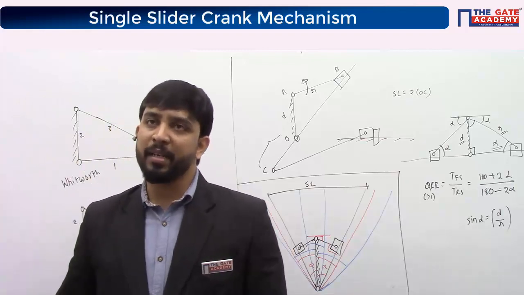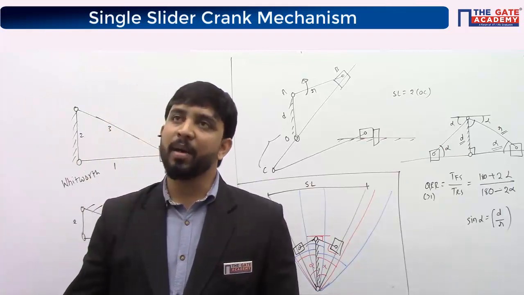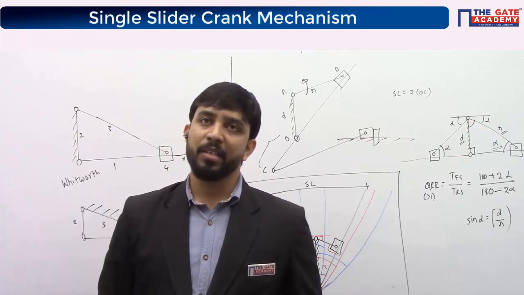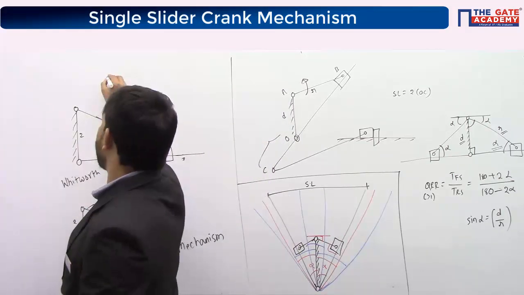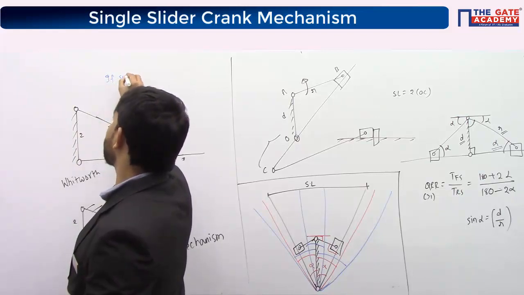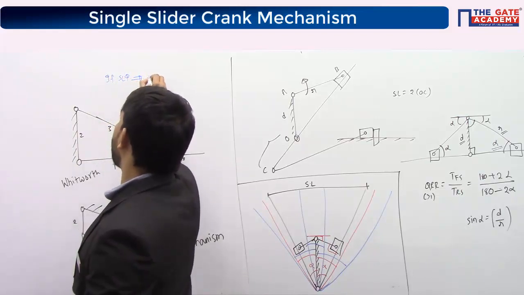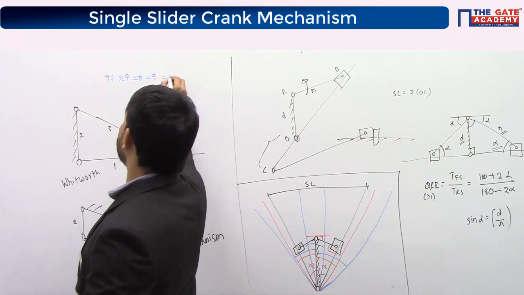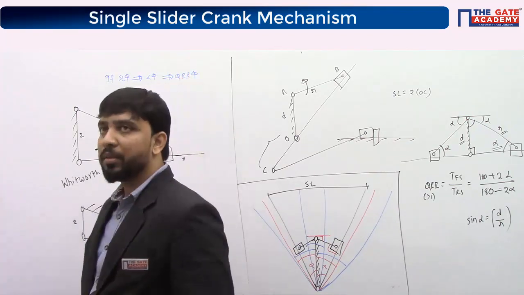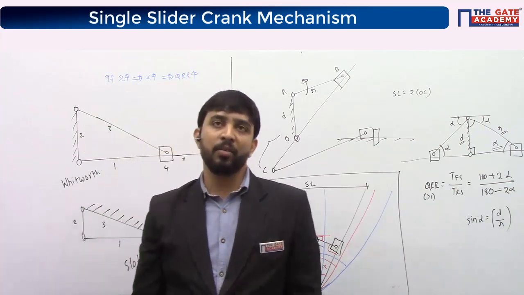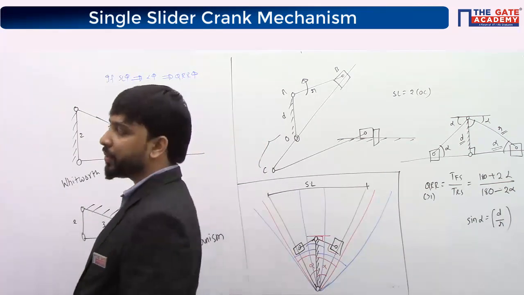In slotted bar mechanism, if stroke length increases, alpha increases, which implies quick return ratio increases. If stroke length increases, alpha will increase and quick return ratio will increase.